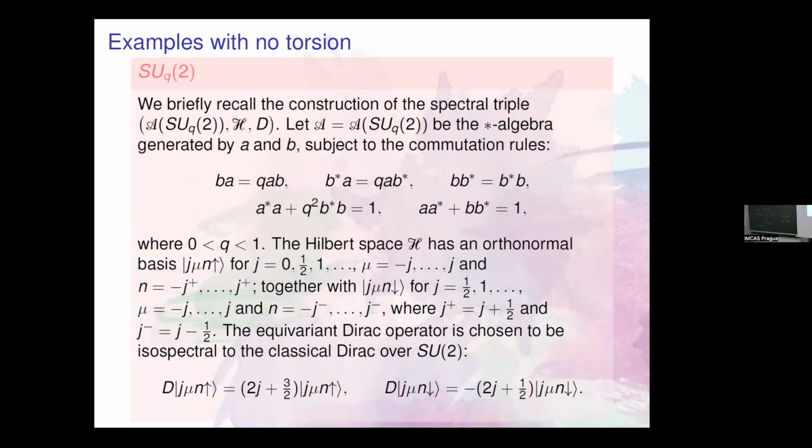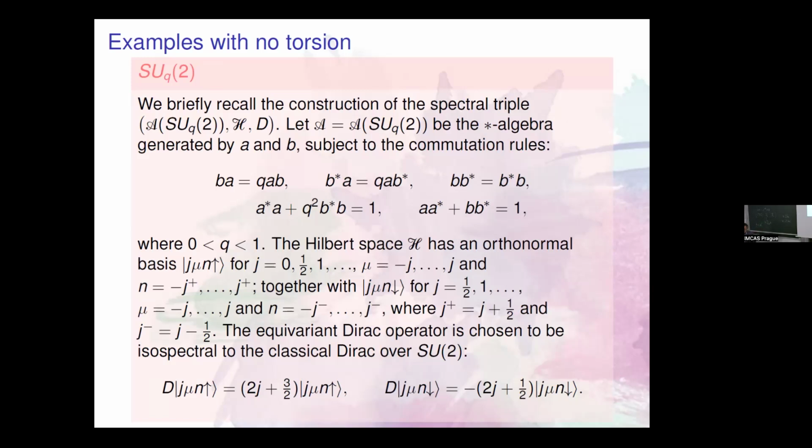And then the example that I want to look at, which is very nice, is just SU_q(2). SU_q(2) is the canonical example of a quantum group, and the most studied example, with all the differential calculi known, a lot of things known.